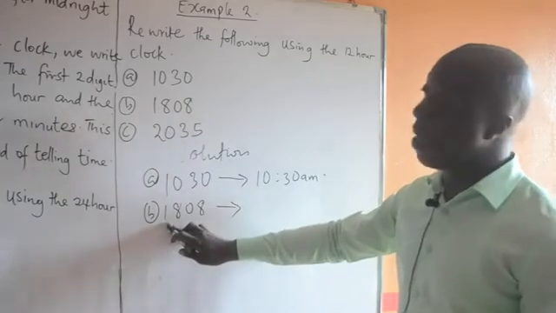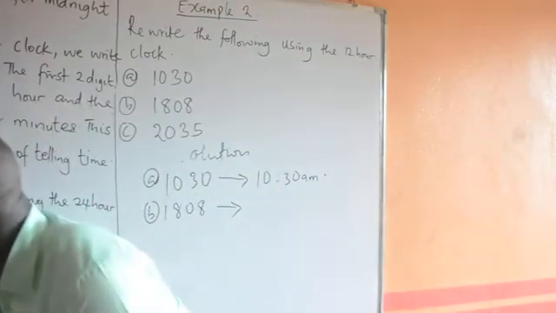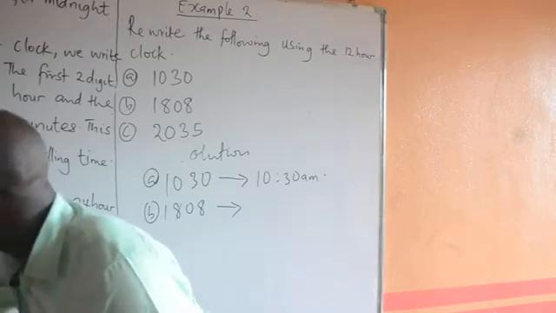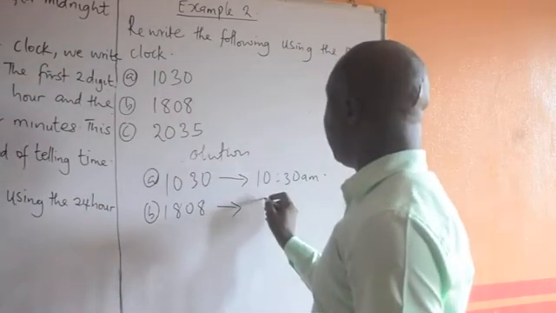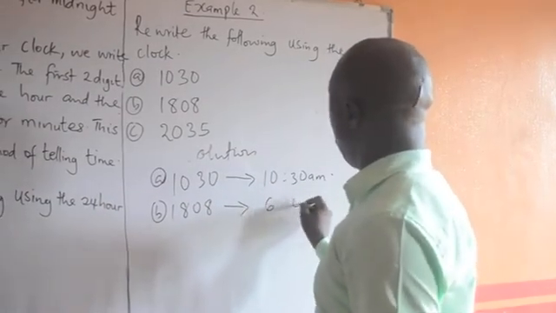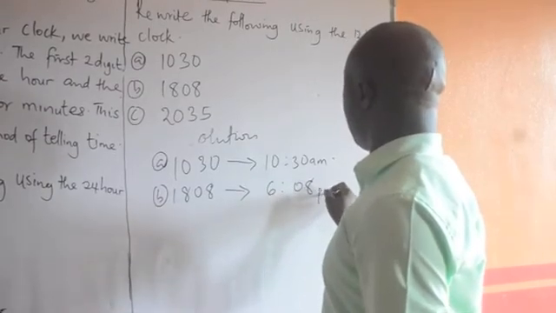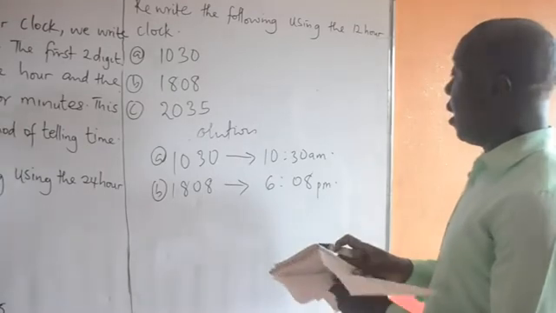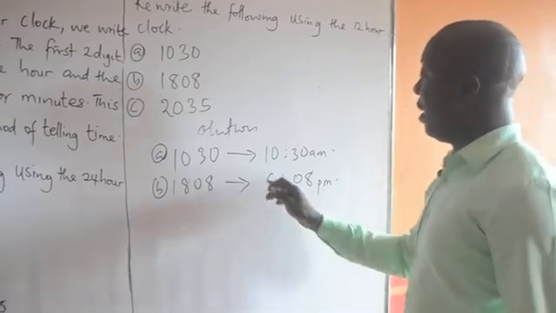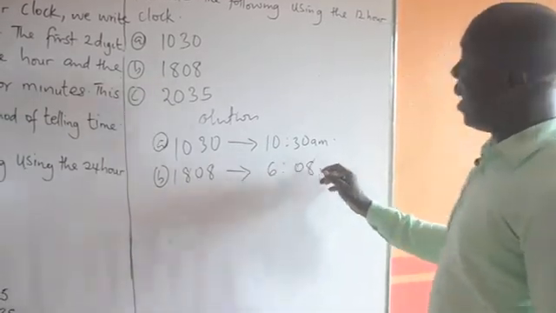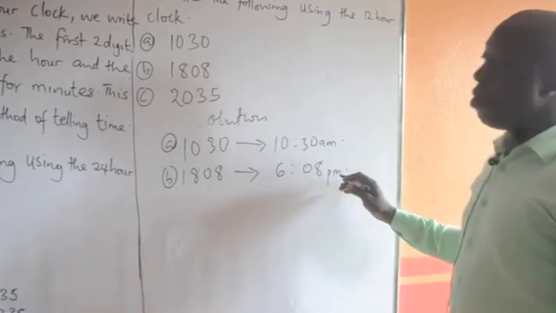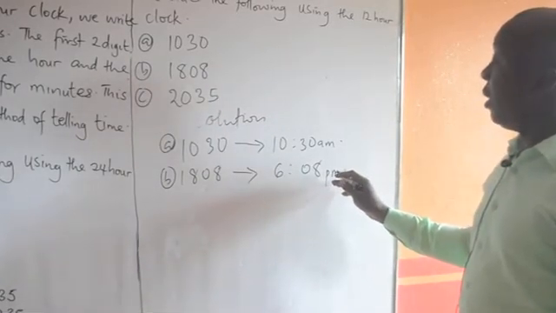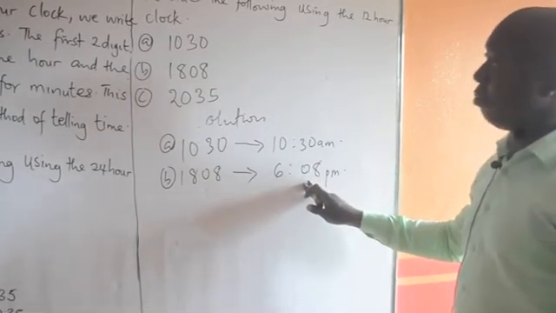What does 18 represent? 18 in the normal 12-hour clock is 6. So the value is 6:08 p.m. 18:08 is the same thing as 6:08 p.m. if we are to write in the normal 12-hour clock.